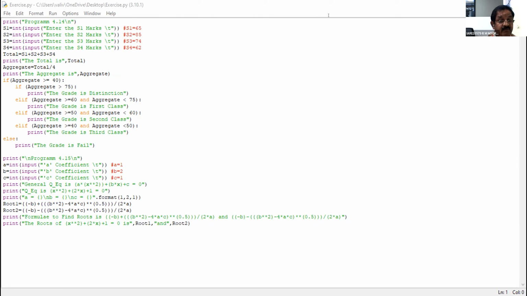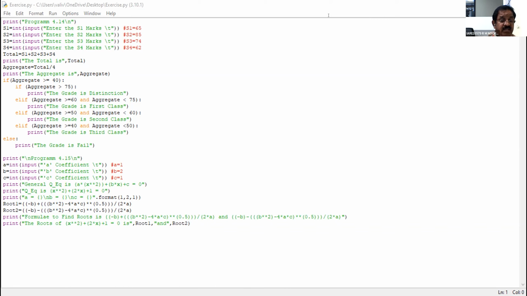Next, the second one: find the roots of the quadratic equation. First, you have entered the a value, b value, and the c value. To print, the general equation is ax square plus bx plus c. Next, you have to check, you have not checked, I think.